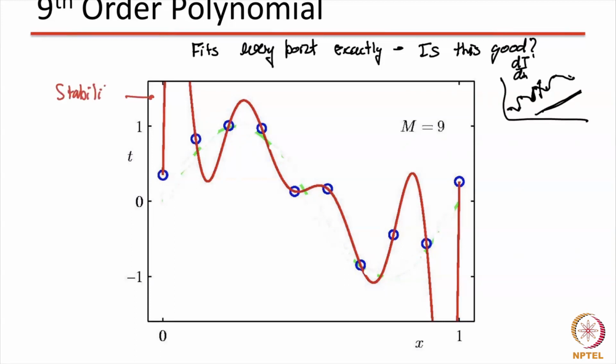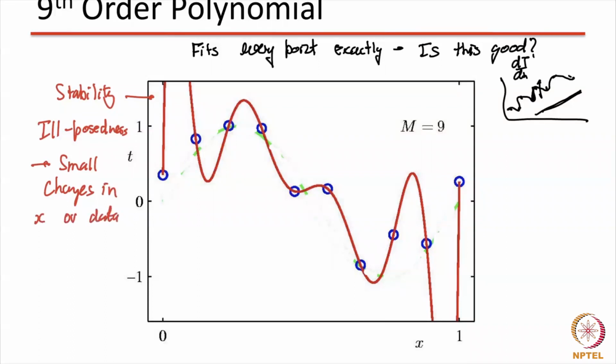That is, if I change the data a little bit, so if I put slight noise to this data, you can imagine that the function will change drastically. So small changes in X or data lead to large changes in Y hat.